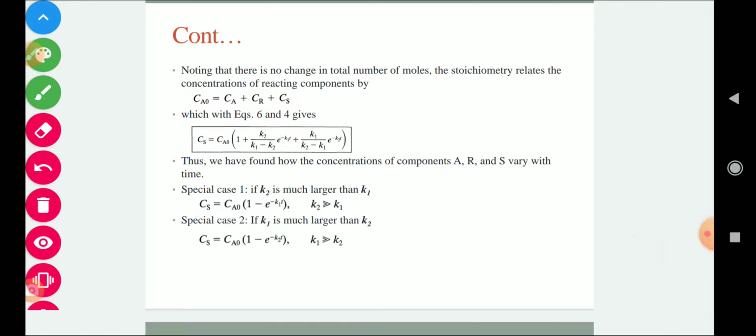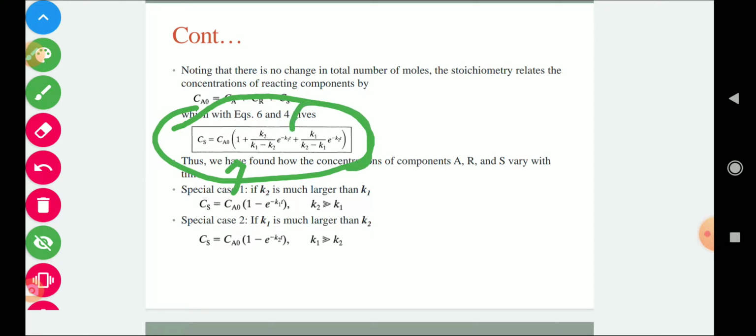So if K2 is much larger than K1, then Cs will be equal to, if we put this value in this equation, K1 is negligible, and this value will be equal to 0, because K2 is very large, and 1 upon a very large value is equal to 0.